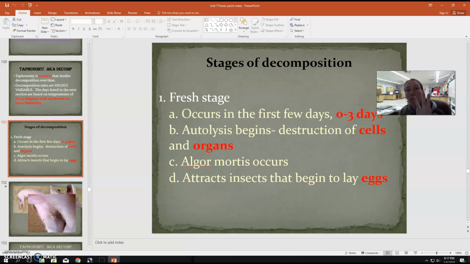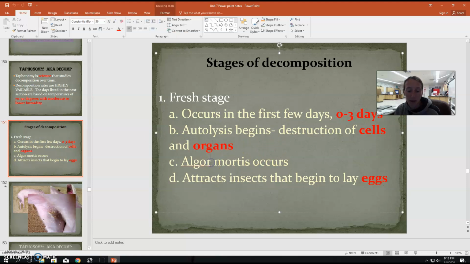Now, there's 3 important things that are happening here, okay? 1, autolysis is occurring, and that means your cells are breaking down, okay? And because your cells are breaking down, it triggers the second one, mortises, okay? And I know it says algor mortis occurs.